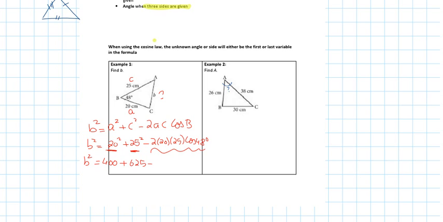So 2 times 20 times 25 times cosine 48 is 669.13. It stays there. Okay, so you see it's right here.